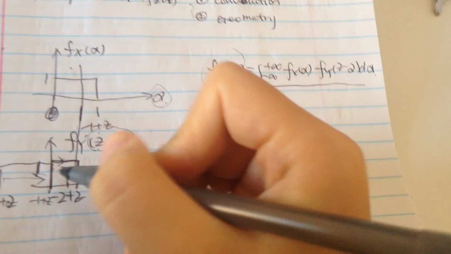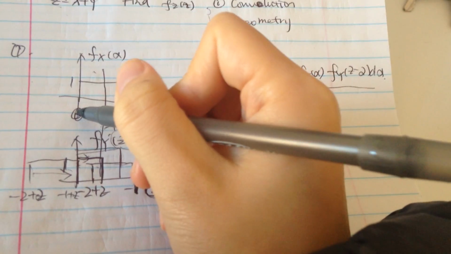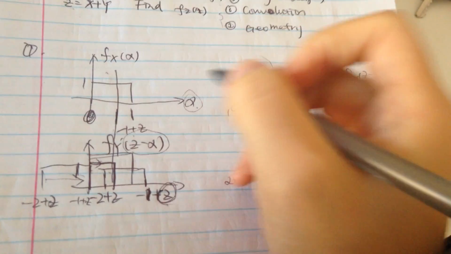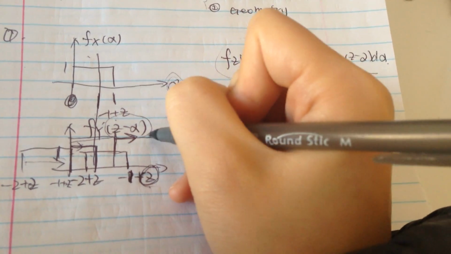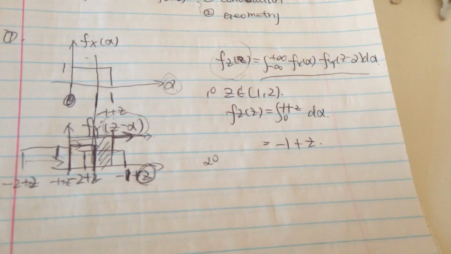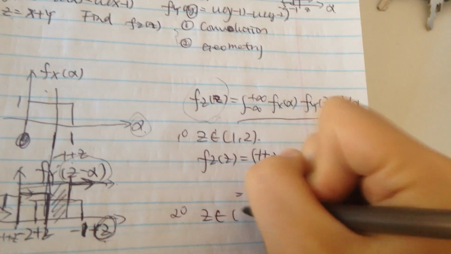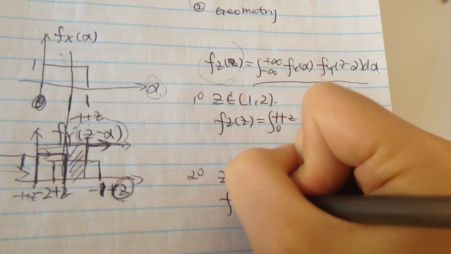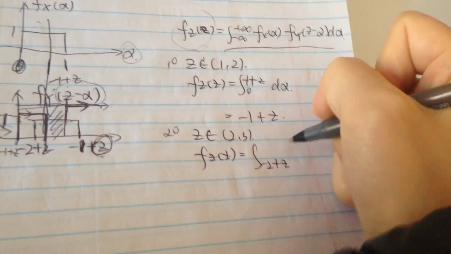The second is when z starts to move. If it has already gotten this part from 0 to 1, and we're still moving and z becomes larger, we should calculate this part. Here z would be in the range of 2 to 3, and the density function of z would go from -2 plus z to 1.